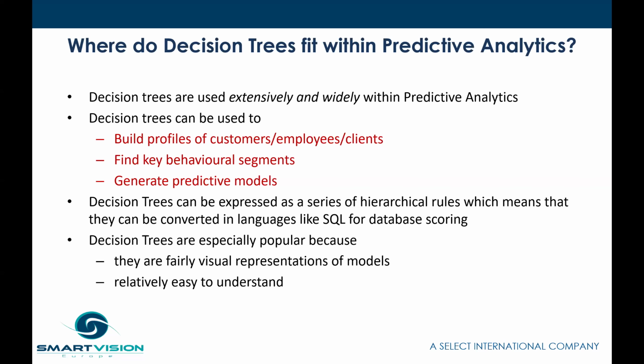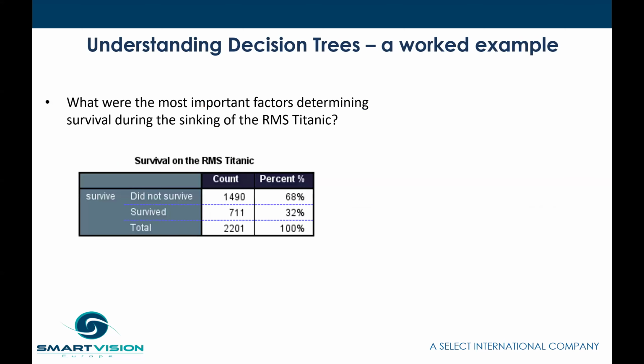So as rules, they can be converted into languages like SQL, which is used in database scoring, and SPSS syntax and R and lots of other different types of languages. So they're very popular because they're a fairly visual representation of modeling, of multivariate models, and they're relatively easy to understand compared to other types of modeling techniques.